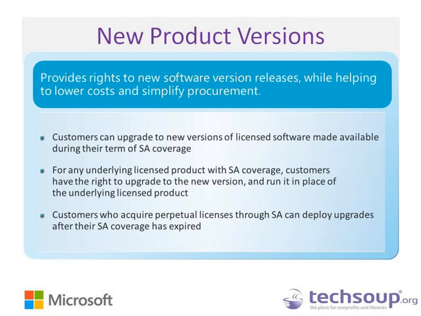You can hold off even if software assurance expires at a later point of time. As long as you had it at the point of time when the new version came out, you're entitled to install that software at any point of time when you want to. And this is basically specific to the software with software assurance. So we can upgrade only the products that have software assurance. It's not for entire product families, for example.